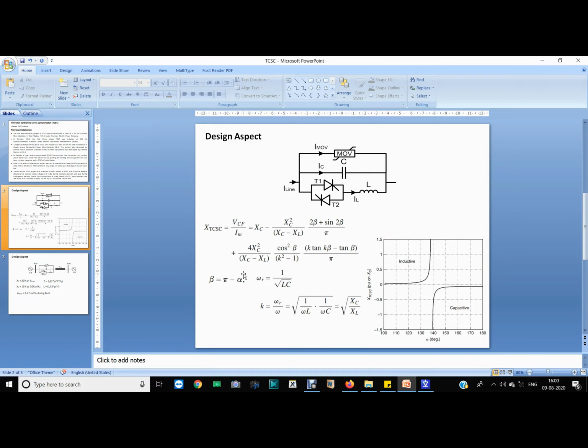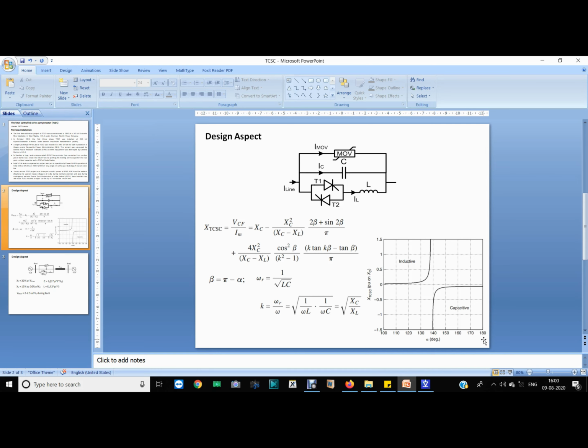Alpha of the TCSC can be varied from 90 degree to 180 degree. In this plot, it is shown from 100 degree to 180 degree, but you can find it in the book. I should give the reference: you can go through the FACTS devices book by Mathur.